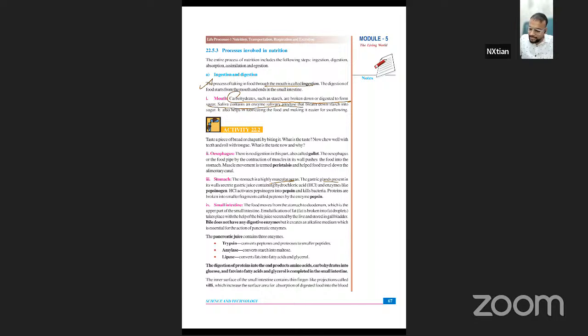Saliva contains salivary amylase that breaks down starch into sugar. So I'll repeat it again. In your mouth, saliva is present, and the saliva is responsible for attacking the carbohydrates.